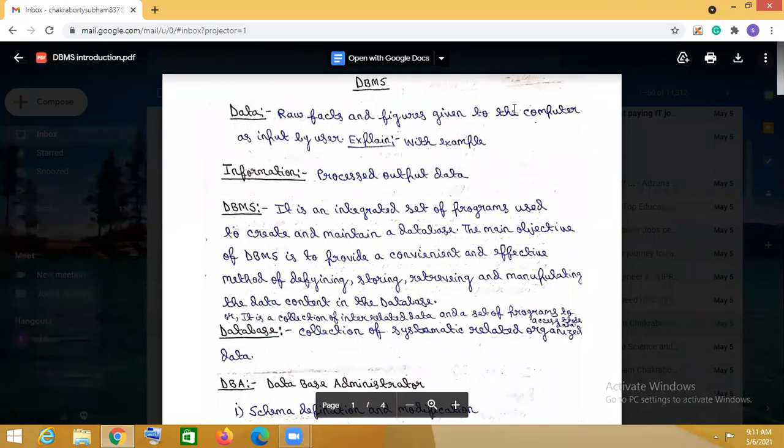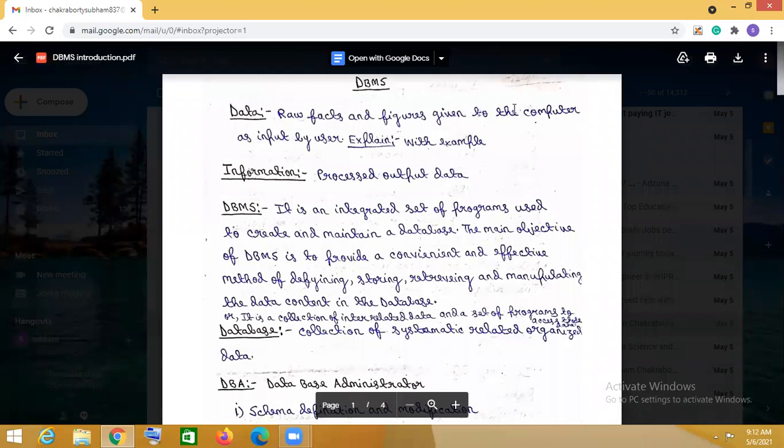It can be a roll number, it can be a price, 75 rupees, it can be a student's total marks, but we are not able to know that. That's why we call it data, because we see that 75 is a number, but we don't know the information about it. So this is raw facts and figures, and information is the processed output data.